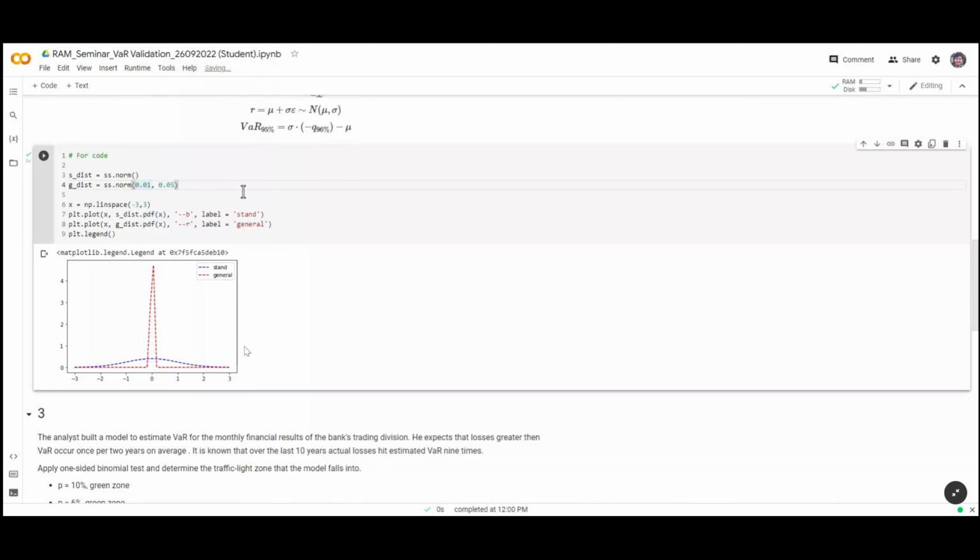Let's take other parameters just for demonstration purposes, just to make sure that the picture is more representative. All right. So the blue line is a standard distribution, right? What happens when I use another sigma?